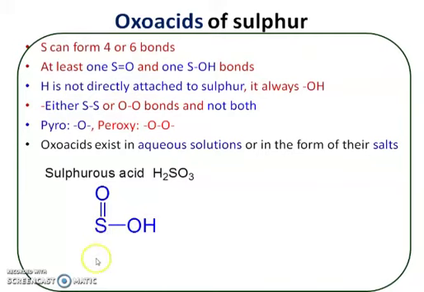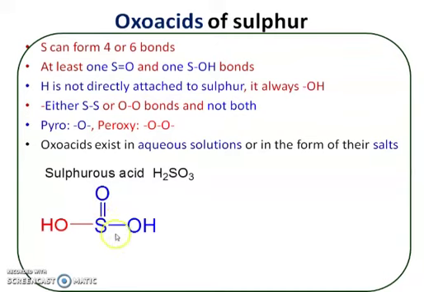So first of all, you draw this. Then how many oxygen atoms are here? 1 and 2. Now 2 oxygen atoms are already drawn out of 3, and there are 2 hydrogen atoms. Out of 2 hydrogen atoms, 1 hydrogen atom is shown here. Now 1 hydrogen atom is remaining and 1 oxygen is also remaining. Hydrogen is always present in the form of an OH group, so join 1 OH group to this sulfur.